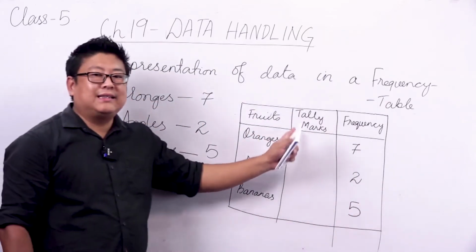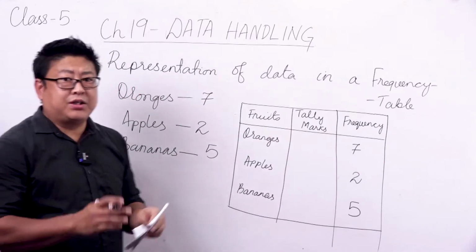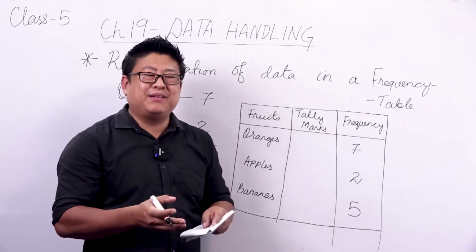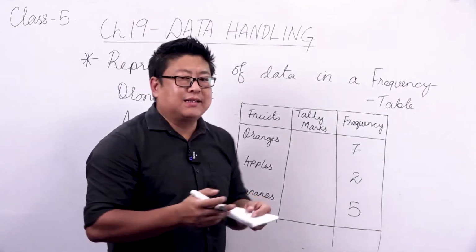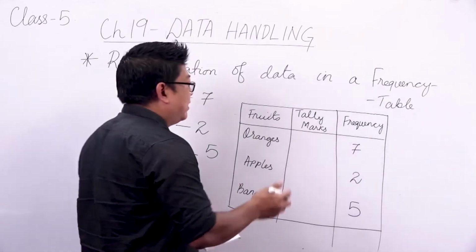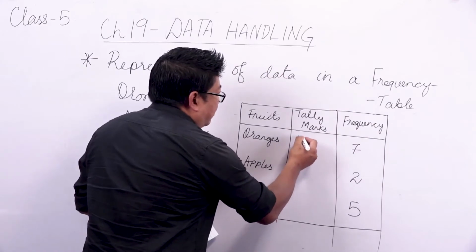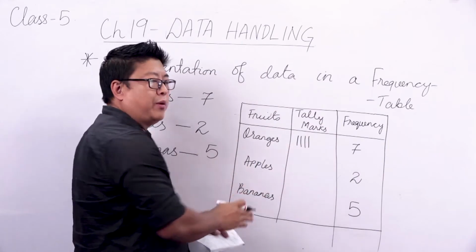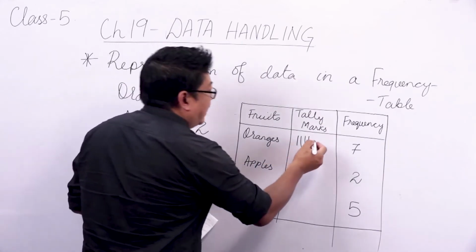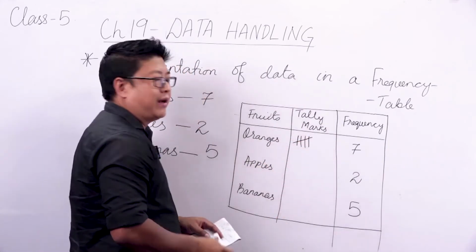What is tally? Tally is simply counting. Tally is written in this manner: 1, 2, 3, 4. Till 4 we draw 4 sticks, and then the 5th one will be a strike.